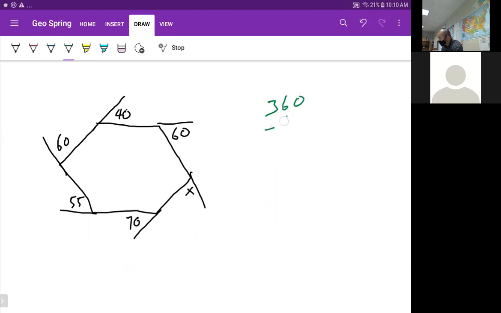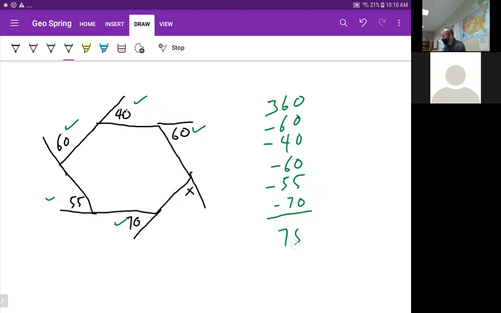So 360 minus 60 minus 40 minus 60 minus 55 minus 70. Let's type all these numbers in: 360 minus 100 minus 60 minus 55 minus 70. That's going to be 75. That's the answer to this one, which is the x right there.